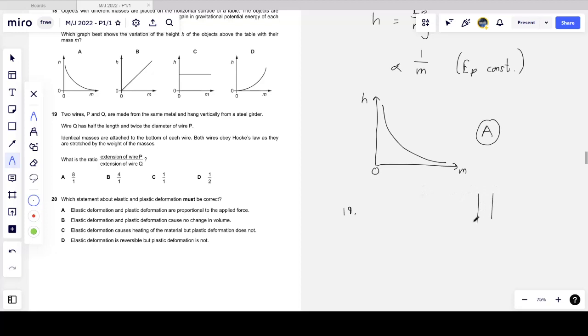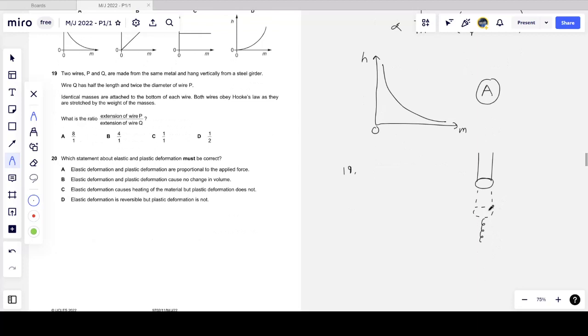And so if we consider the wires, we are told that they are circular, and they undergo an extension when we hang a mass at the bottom of each wire.